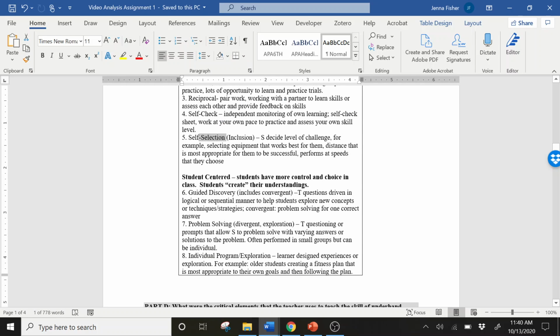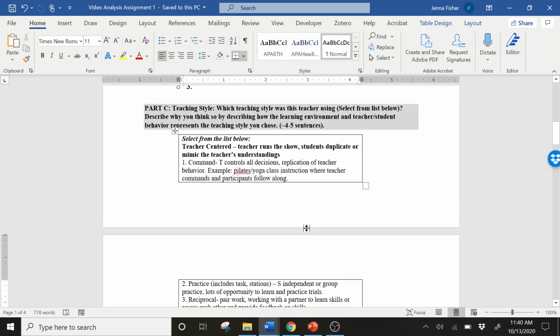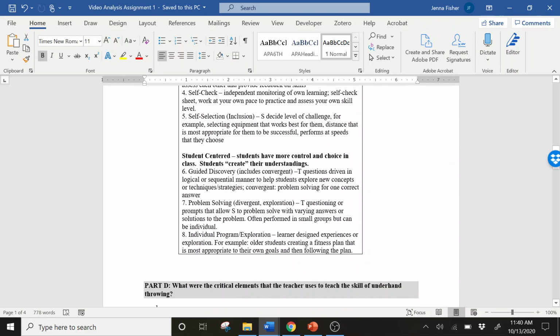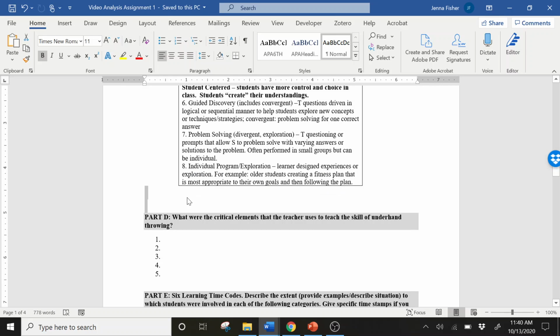And the student-centered were guided discovery, problem solving, and individual program or exploration. So you decide which teaching style or 2 that you think this was, and describe it yourself in 4 to 5 sentences. You can write that response right about here, beneath that table. So yeah, there could be 2 right answers there. The rest of them are not right, so just make sure you're selecting the appropriate teaching style.